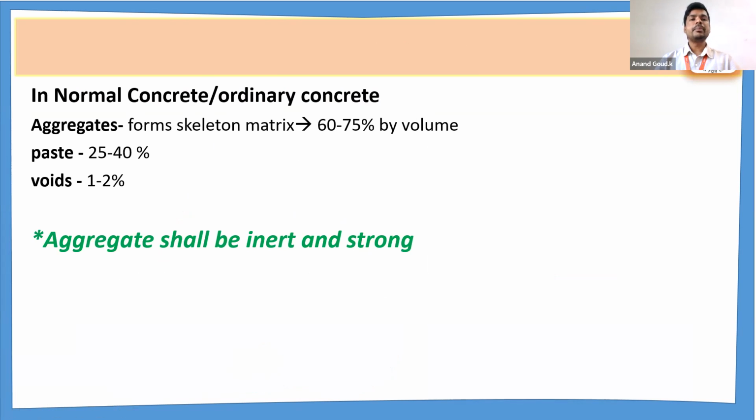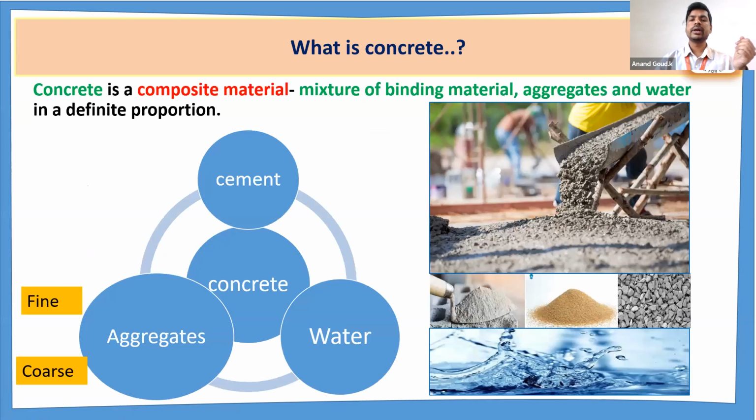And coming to the normal concrete, here we will use aggregates. What is the function of aggregate? It is going to form one skeleton. It is going to give body to the concrete. When you pour the concrete in one mold, it is going to take one shape.